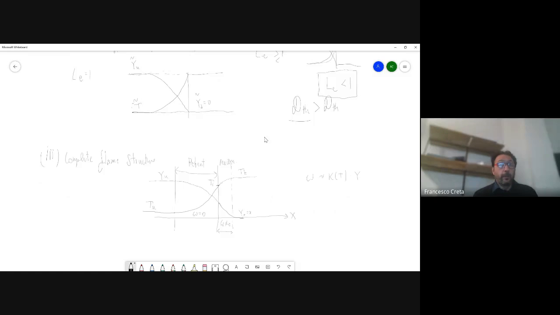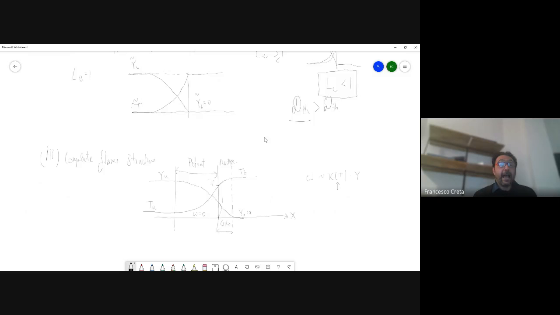So at this point here, at the beginning of the reaction, it is going to be identically 0 still, and it's going to increase because of the increase of temperature here, due to this term here.